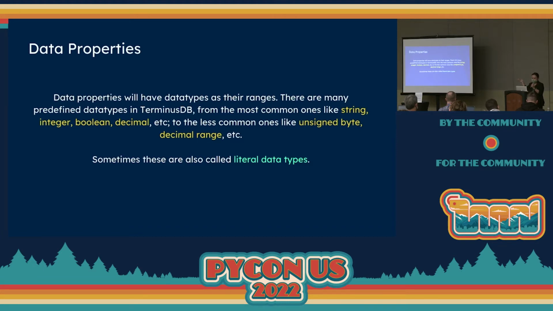But they are not another object. That's why they are called data types, and sometimes literal data types, because they are just what they are. Of course, you can say in Python a string is also an object and an integer is also an object. Well, not in our case here. A string is just text. It's not another object.